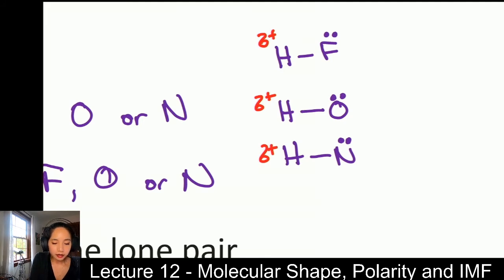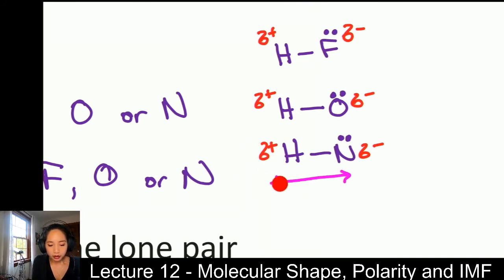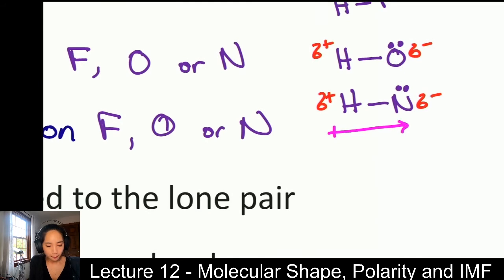And fluorine, oxygen, and nitrogen are very electronegative. So there is a very strong dipole here that you can draw on all of them. The positive part of our dipole arrow is on hydrogen, pointing towards the electronegative atom. So you can see how this is exactly the same as dipole-dipole interactions. It just involves these specific cases.